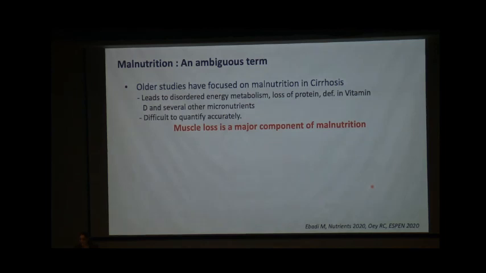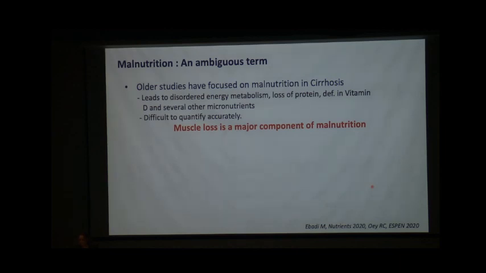Further, before we move ahead, I will talk about some terms which are ambiguous and often used with sarcopenia. First is malnutrition, which is quoted in older studies, and it is natural to expect malnutrition in liver disease as the liver is responsible for almost all aspects of nutrition. The problem with malnutrition is it is difficult to quantify, and clinically it is characterized by loss of fat, with muscle as a major component.